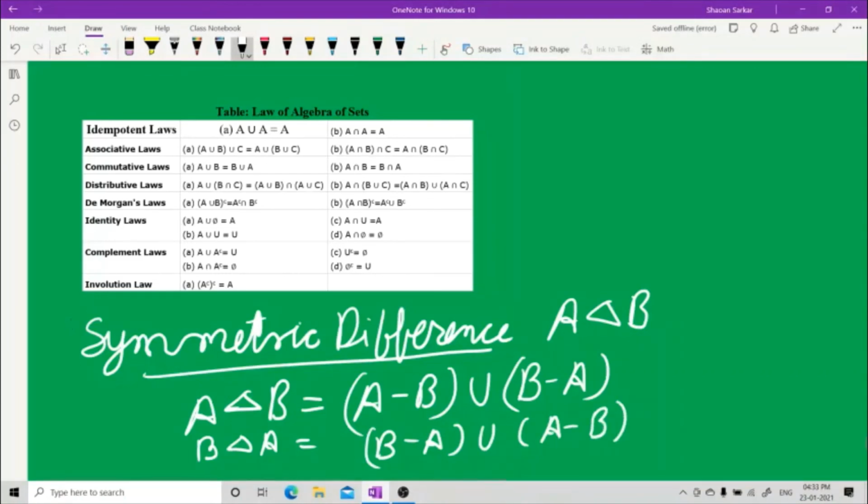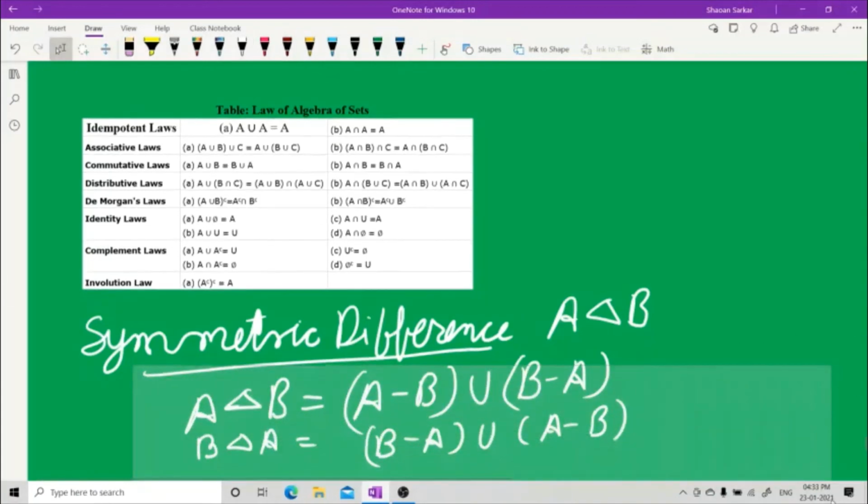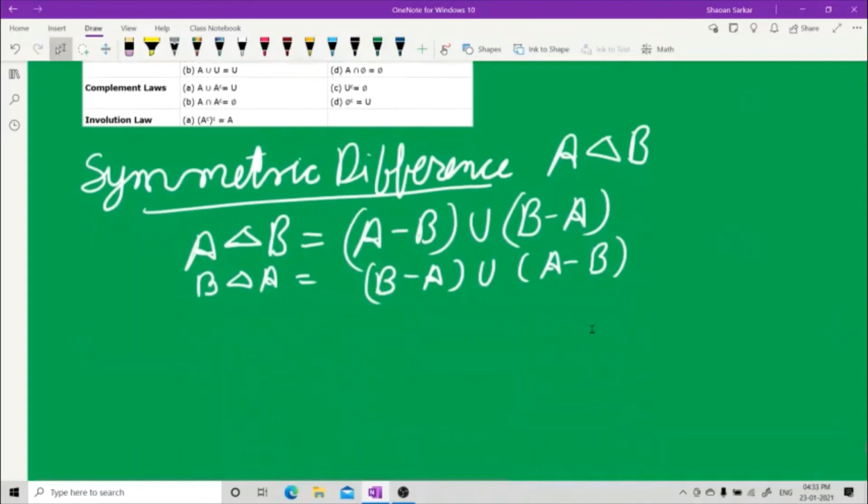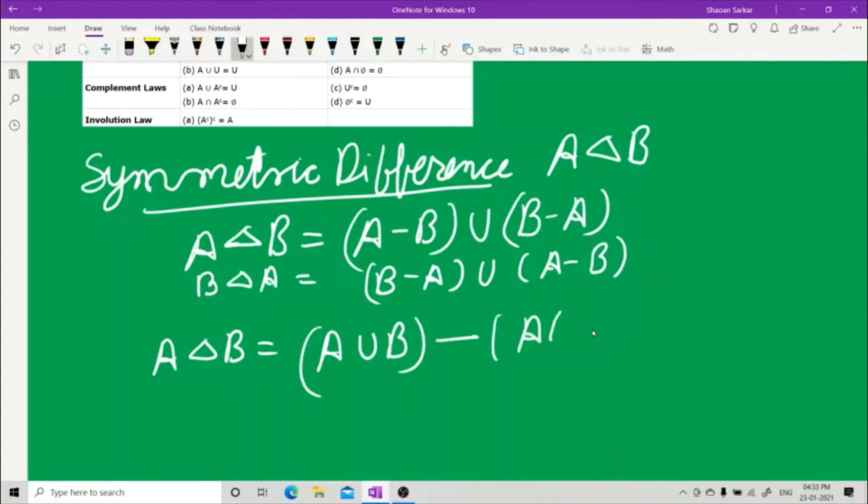Now let's understand this with some Venn diagram. Basically these two can be written in another expression: A delta B can be written as A union B, from which you have to remove A intersection B. Let me draw the Venn diagram for you.